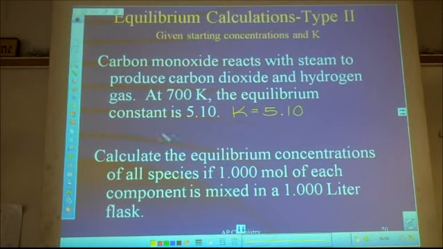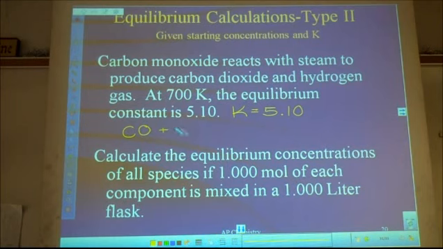And before even reading this next sentence, we need a reaction. Okay, we need to write out and balance our reaction, and everything is given to us in this first sentence. So let's do that. What is the formula for carbon monoxide? Okay, CO plus steam.